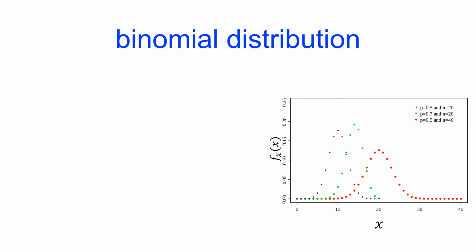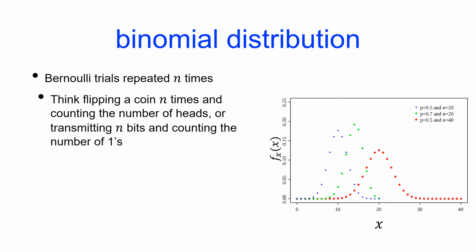The next one is another super powerful distribution we call the binomial distribution. In the Bernoulli we have a single coin to toss, but in the binomial distribution we have n coins to toss. I toss a coin n times.